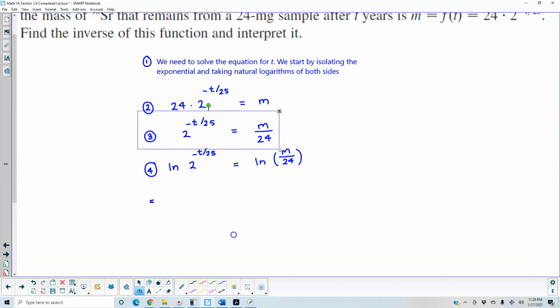On the left side of the equation, we're going to use the power rule to bring the exponent out in front of the logarithm. So that's going to be negative t over 25 times the natural log of 2. And over here, we're going to expand this division to subtraction. So this becomes the natural log of m minus the natural log of 24.